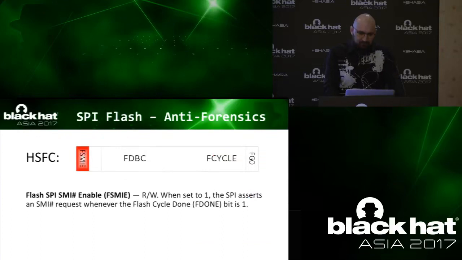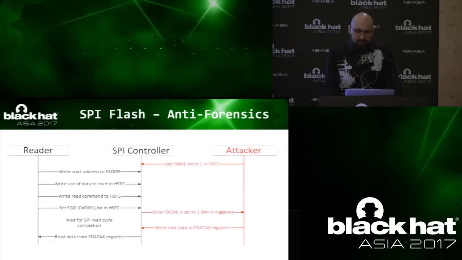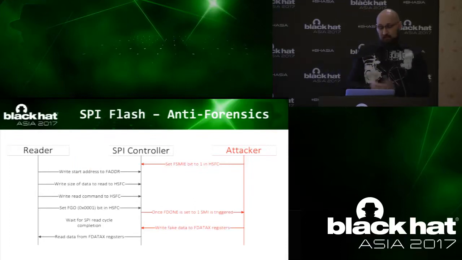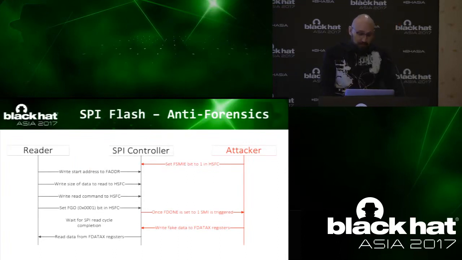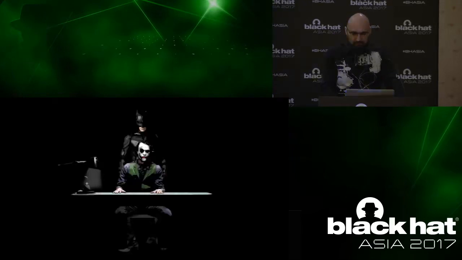Here is a scheme where the attacker modifies some of the requests, which we show just for HSFC. You can see the attacker modifies this request to the SPI controller, fakes it, and then the reader just has the fake information.